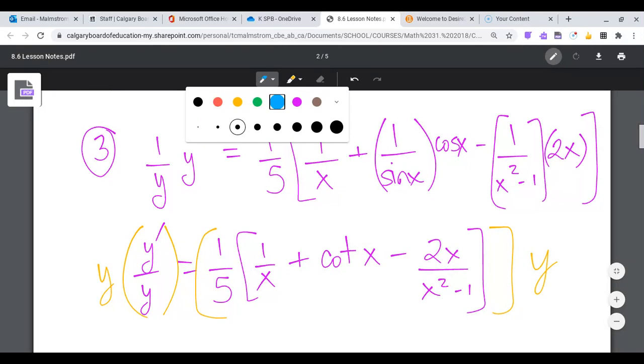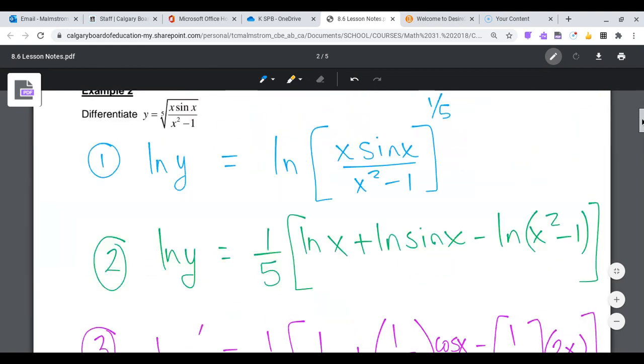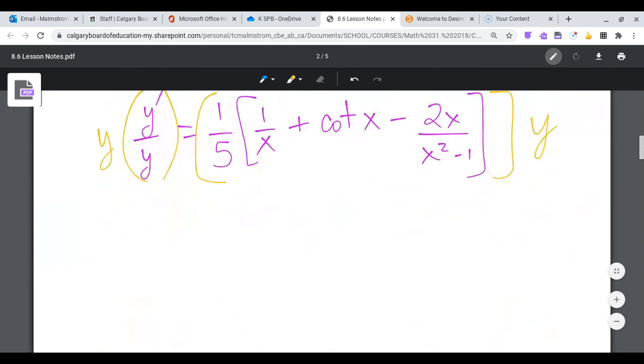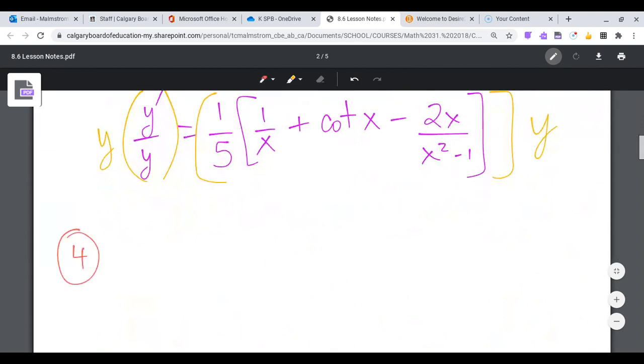So what was y this time around? Oh my goodness. Remember y was this ugly root thing? Maybe we'll use red. So y prime is equal to 1/5. What is y? We're just going to replace this y right now as I go so we can reduce our steps.